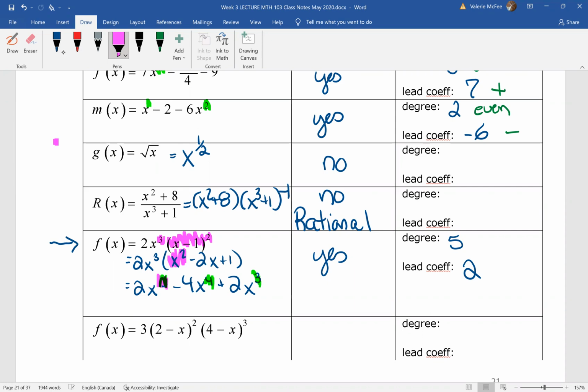I also could see that this 2 would be multiplying the 1 x squared, giving me a leading coefficient of 2.